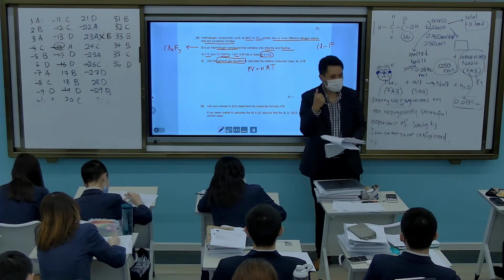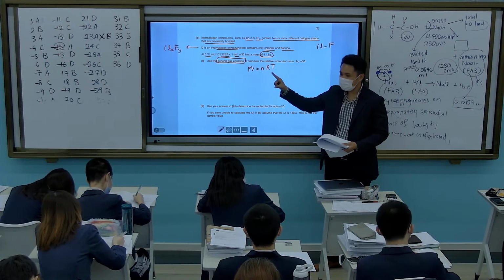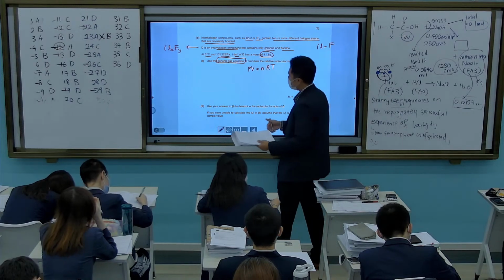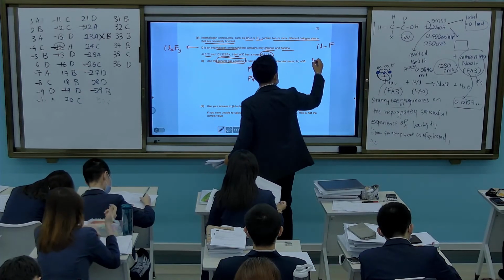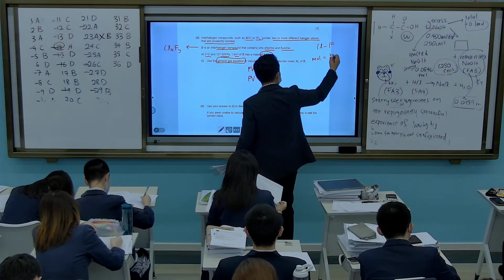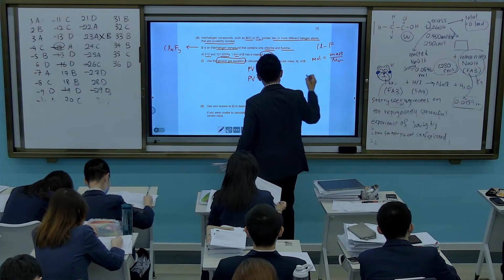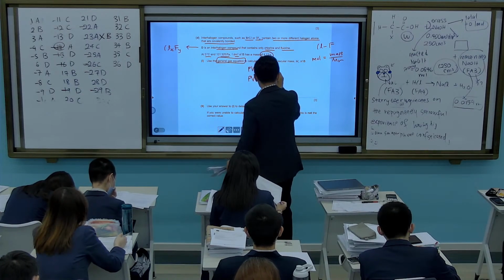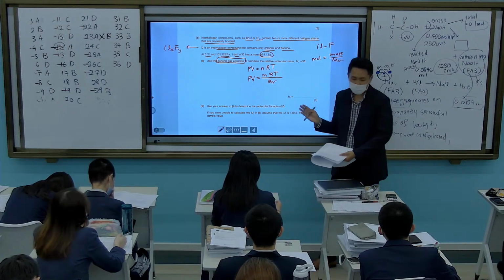Remember this? Then can you see here, this n I can further change into mass over Mr. So this one here, PV, the mole, remember from our chapter 1, is equal to mass over Mr. Just make Mr the subject.